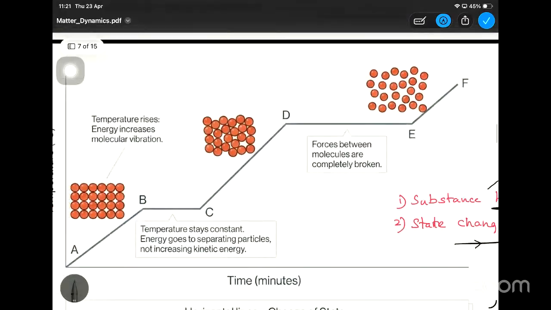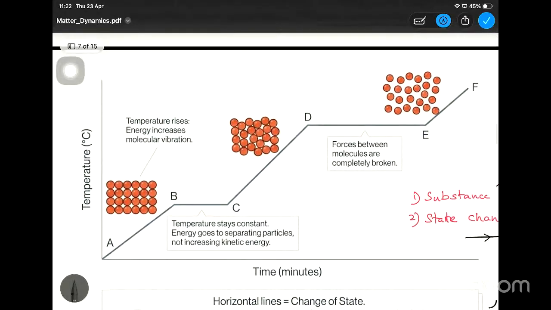So in this graph, you can see temperature against time, which means in this direction the temperature increases. Let's say this is 0 Celsius, and time is 5, 10, 15, 30, and likewise it goes. These are just numbers for the explanation.